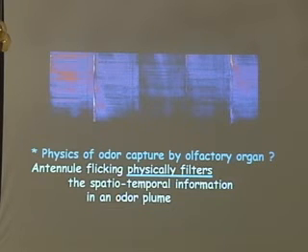So the animal doesn't see a continuous picture of the plume, it sees discrete snapshots of that plume. So the physics of catching an odor is the first step in processing odor information from the environment before the nervous system ever gets involved in further filtering of that information.